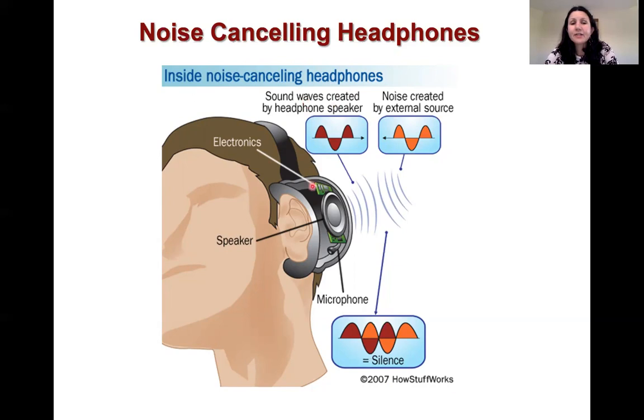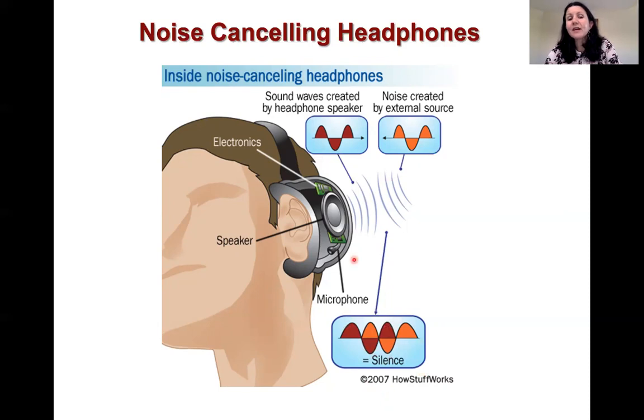The headphones detect that, and then they create their own signal that they send out, which is exactly opposite. In this drawing it's kind of drawn the same, but the point is they create a signal which is exactly half a cycle out of phase, or exactly opposite, in such a way that when the two interfere, they interfere destructively, and they cancel each other out, thus creating silence.